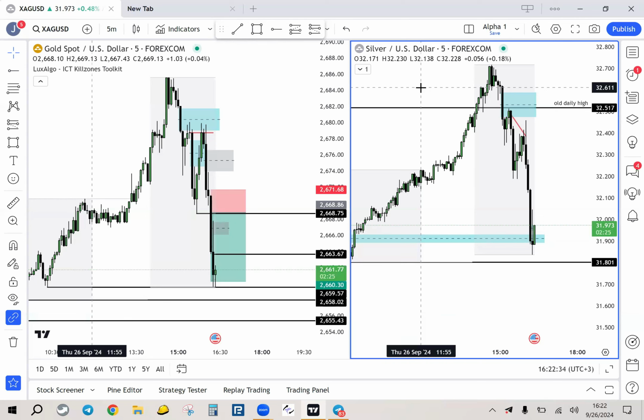Sometimes you will feel very confident about the draw on liquidity, and I'm sure that you've also seen ICT being crazy confident that the draw on liquidity is here. And then on other occasions, with situations that look exactly identical to the one in which he was sure that the draw on liquidity was going to be this particular low, he now says it's not obligated to come under this low.